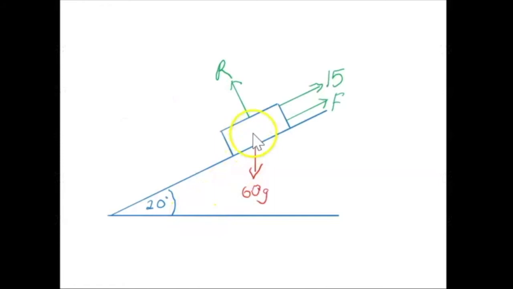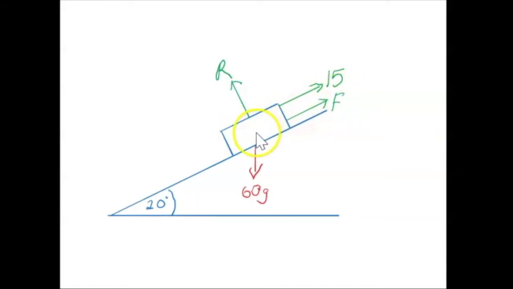So we have a diagram with a mass of 60 kilograms, so it has a weight of 60g acting vertically downwards. It is on the plane, so there's a normal reaction which we've marked as R. The force of T, which is 15, is up the plane, but we know the movement is down the plane, and so friction opposes the movement, so friction is up.